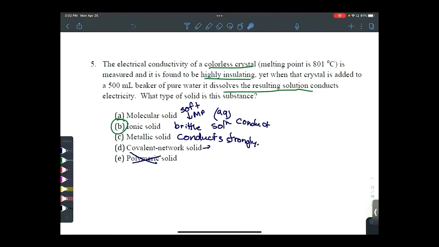So molecular solids typically are soft or have low melting points. Let me define what I mean by low. I would say a low melting point is something that's less than 500 degrees Celsius. So if you have a solid that has a melting point of 100 to 150 degrees Celsius, it's probably a molecular solid.